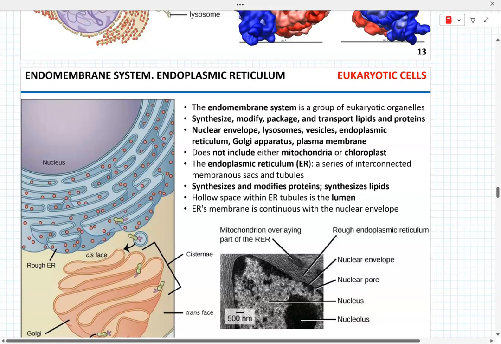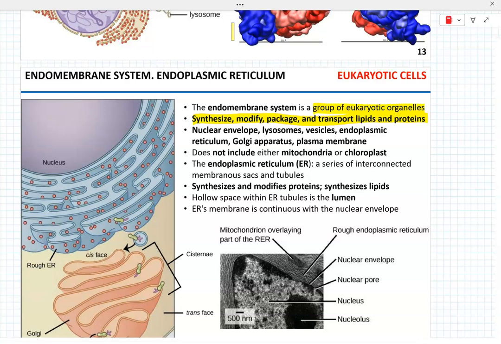We just mentioned the term endoplasmic reticulum, which is a membrane of the endomembrane system of the cell. It's a group of organelles which synthesize, modify, package, and transport lipids and proteins.